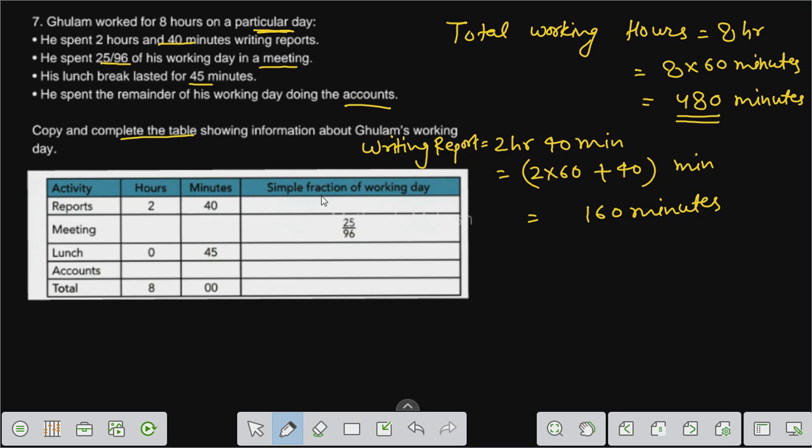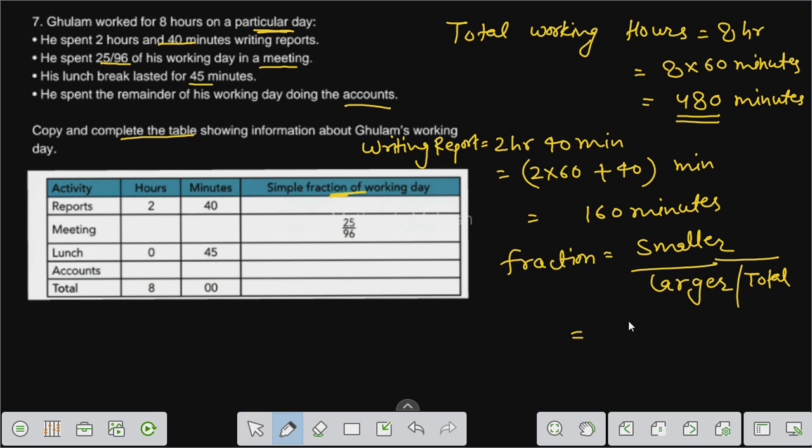Okay, simple fraction of working day. How to make a simple fraction? So fraction is smaller upon the larger one, or we can say the total one.